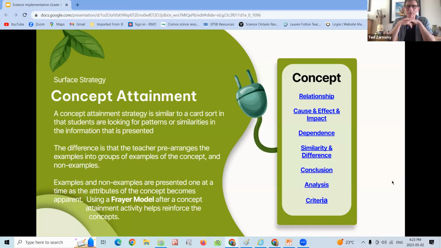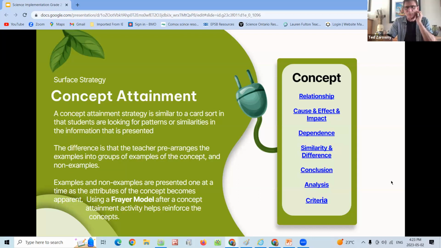And one of the skills in this organizing idea includes comparing as well. As Chris mentioned, knowing what a similarity and difference is going to help when you're doing card sorts or something and using those terms. I included some other concepts in there, such as conclusion, analysis, criteria. They're things that we do when we compare and contrast.